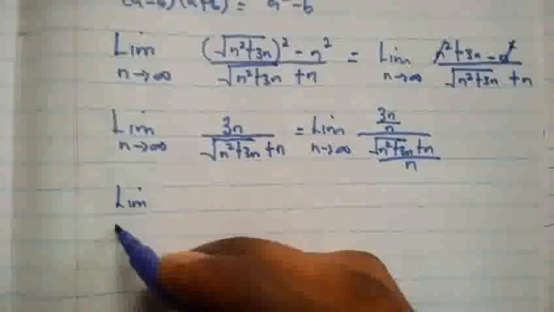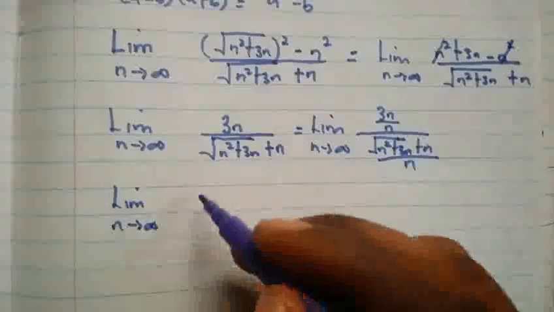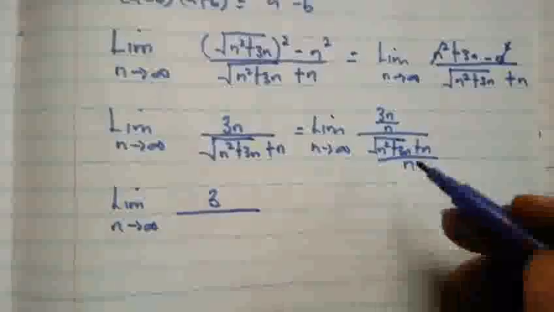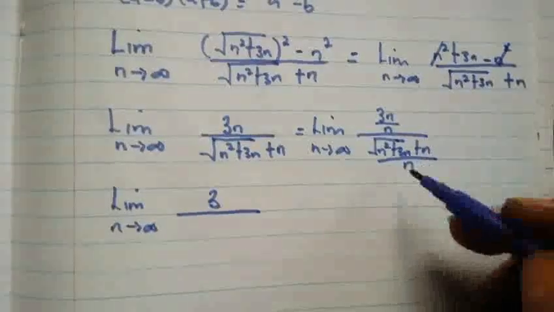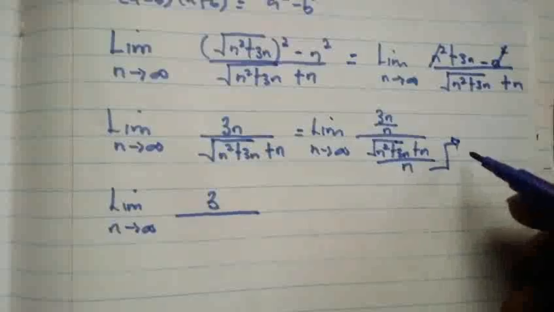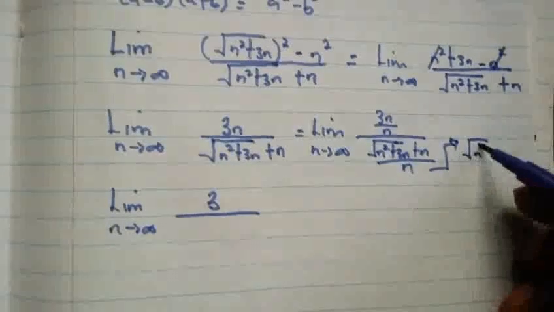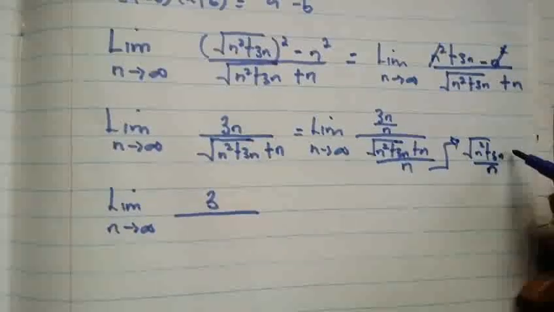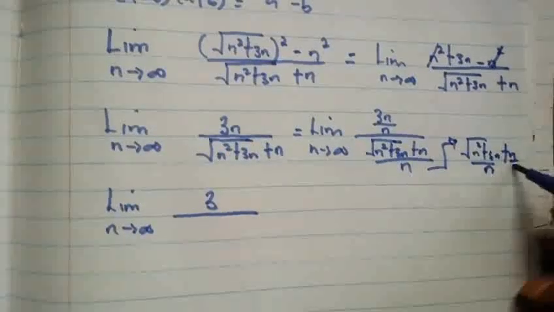Limit as n is approaching infinity, up there we have 3, all over, if you want to split this, like I said, this denominator here, we have square root of n squared plus 3n over n then plus n over n.